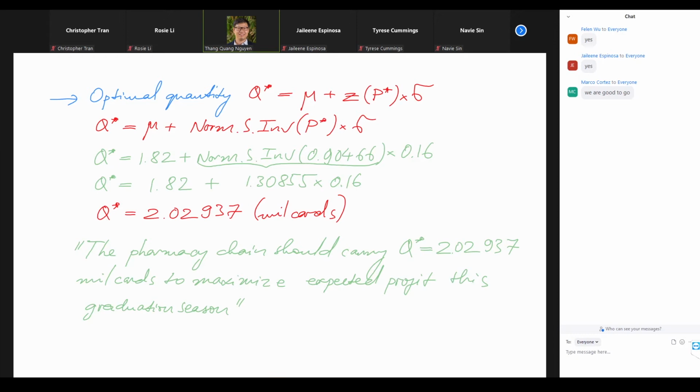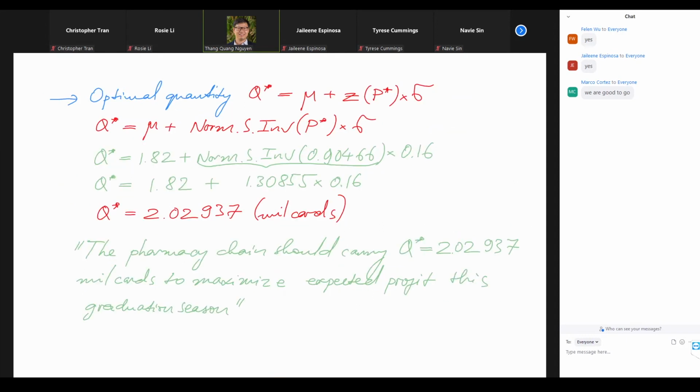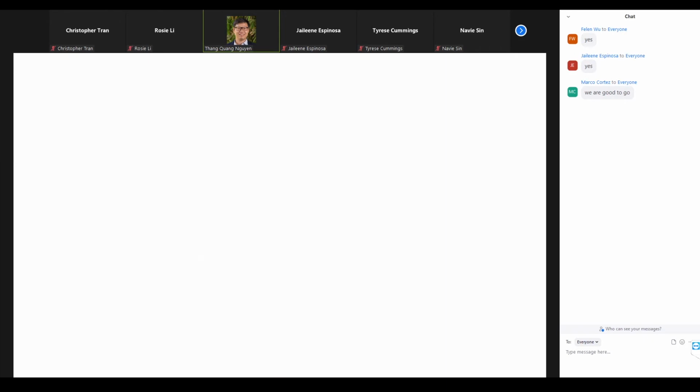Let me recap. We calculate the critical ratio first. That's the optimal service level, and then based on that, we can find the optimal quantity itself, right? Now let's move on to part B. In part B, we need to make a sketch to illustrate what we did in part A, right? So that we have more intuition of what we do.